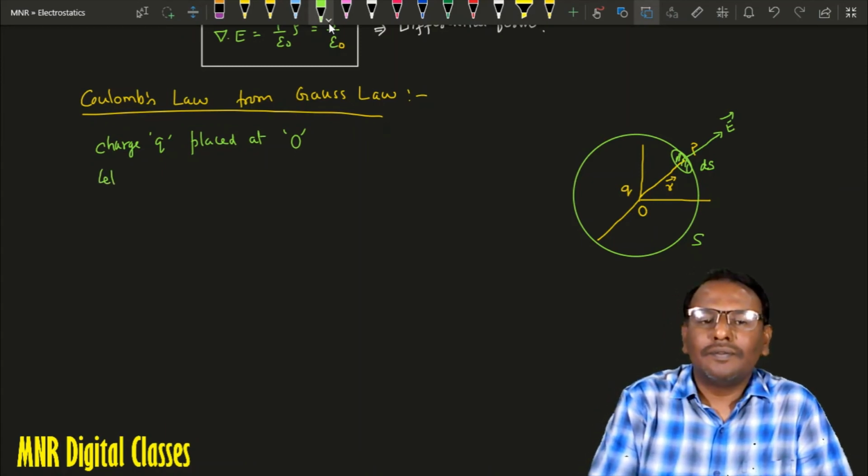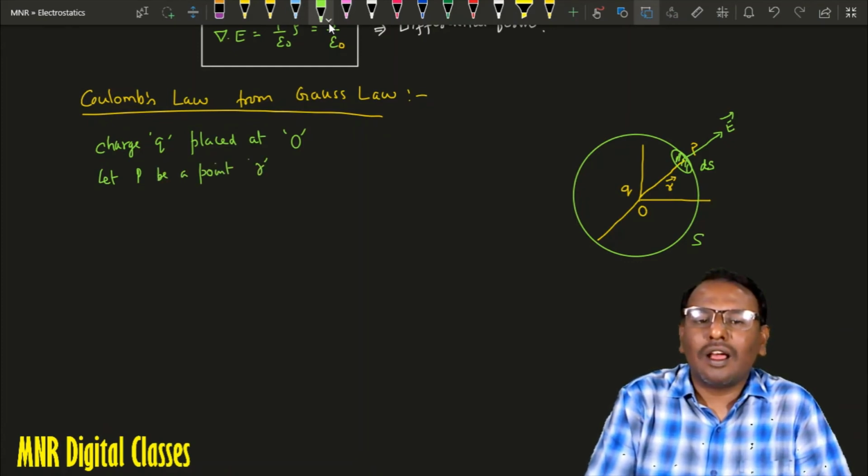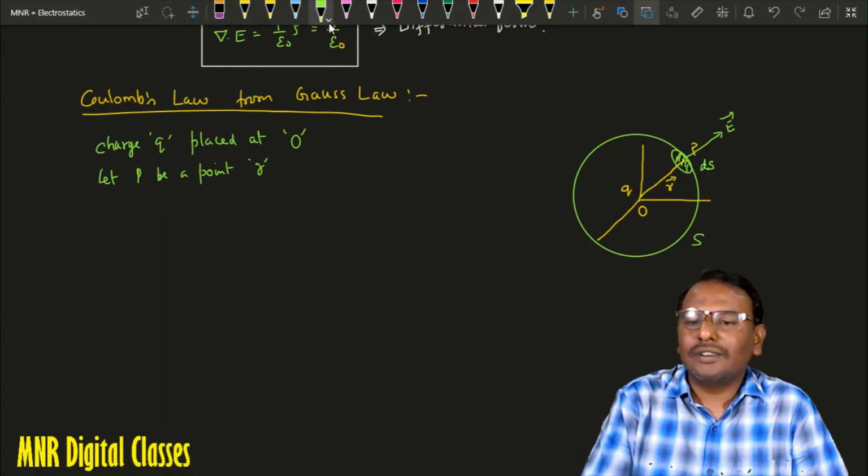Let P be a point at a distance r from the given charge. So the position vector of this point is r bar.